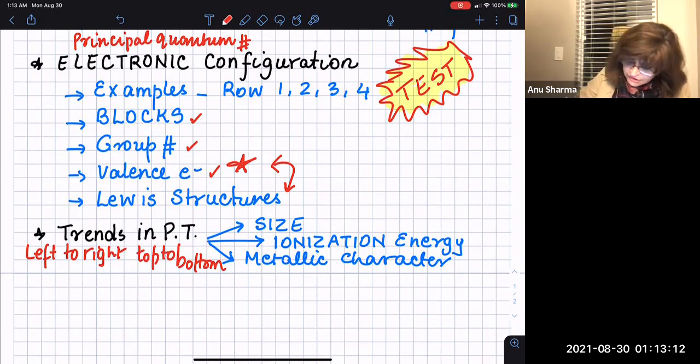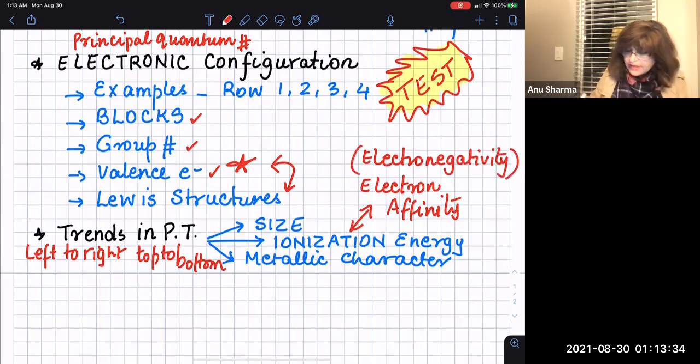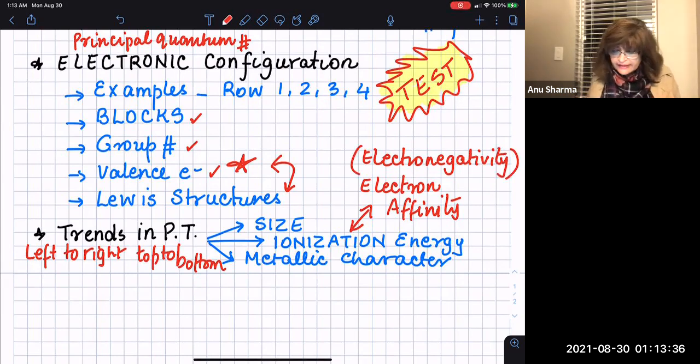And this ionization energy is also tied to electron affinity. So we will cover that, electron affinity, and this electron affinity is also tied to electronegativity. So this is all connected. Okay, those things, and then the metallic character.